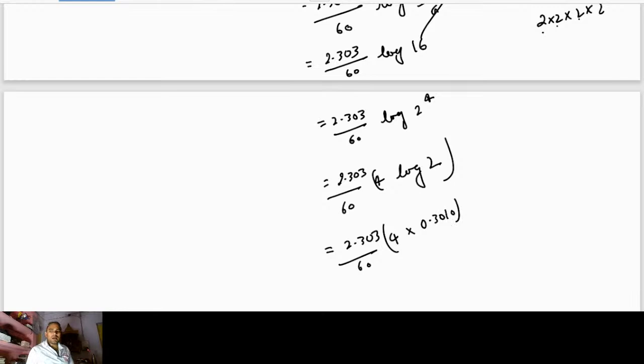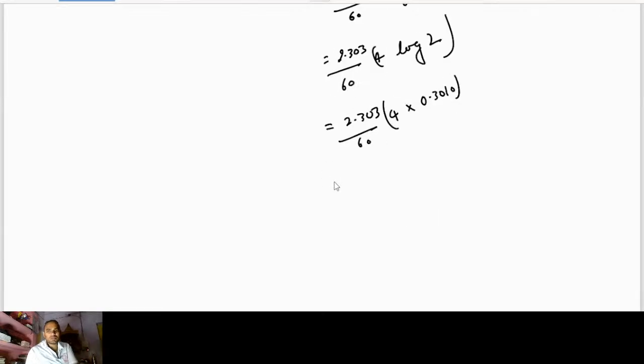Now just solve it, student. So let me do a little bit of calculation. 2.303 multiplied by 4 multiplied by 0.3010 is coming to 2.7728, divided by 60. It is coming 0.04621.